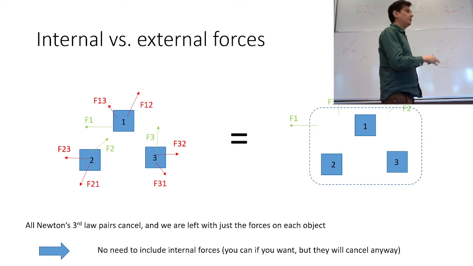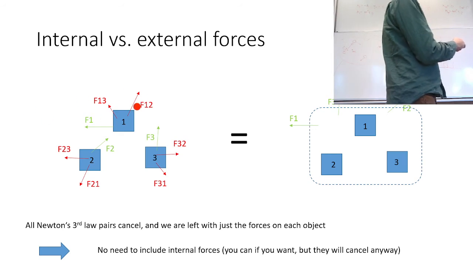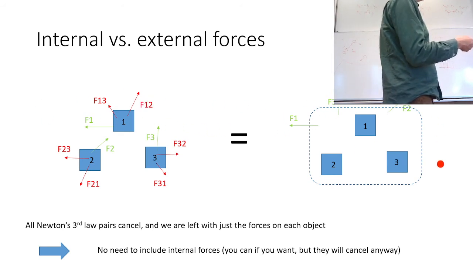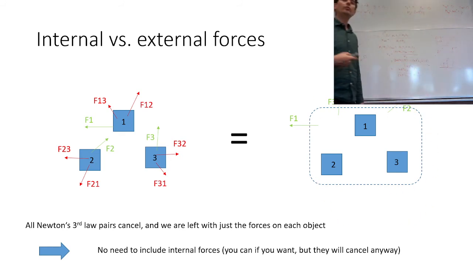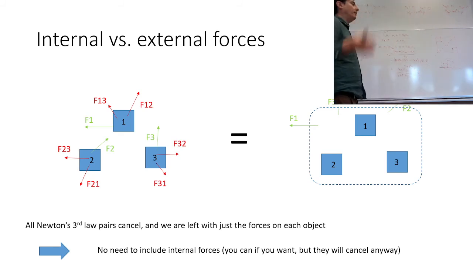So just to save you that work, just count the external forces. Right? So if you're going to consider this system of particles and you want to consider what the total force is on the whole system, then you only need to count the green ones, which are forces originating from things outside this system of things that you're talking about.